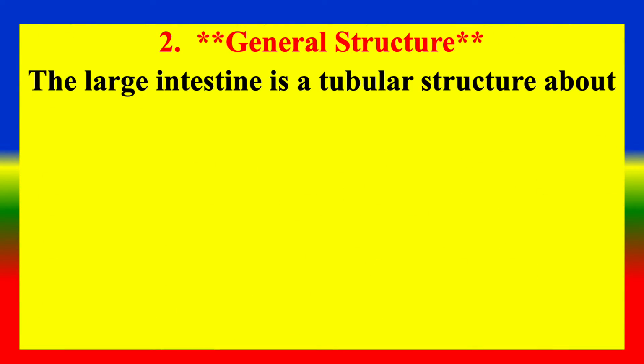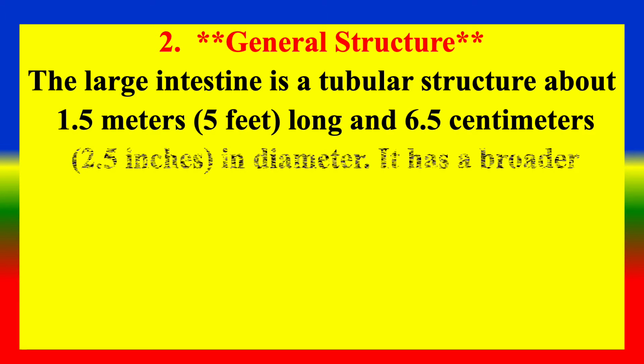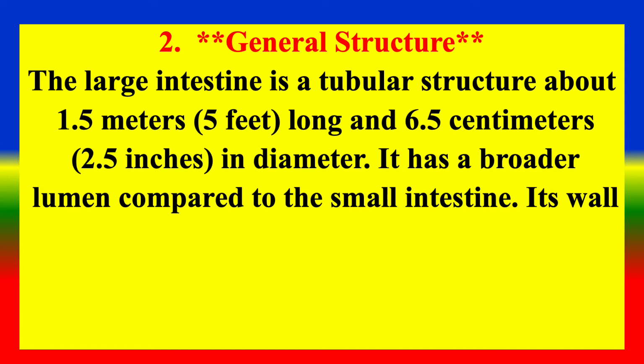Two, general structure. The large intestine is a tubular structure about 1.5 meters long and 6.5 centimeters in diameter. It has a broader lumen compared to the small intestine.